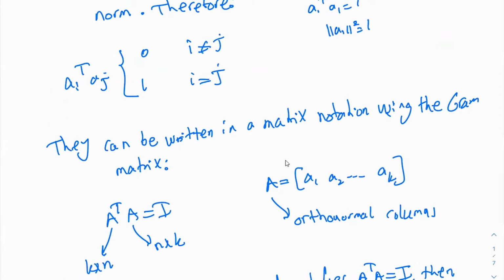If you calculate the Gram matrix, A transpose A, remember the A transpose A we introduced in the videos about the pseudo-inverses? This is called a Gram matrix. The interesting property of matrices with orthonormal columns is that A transpose A is equal to identity.